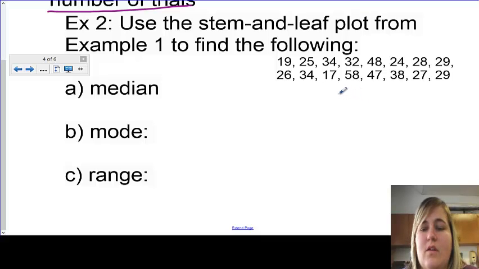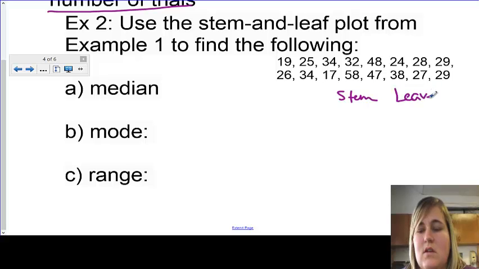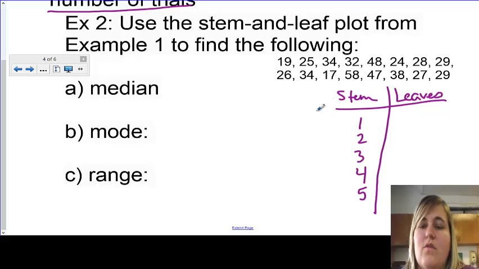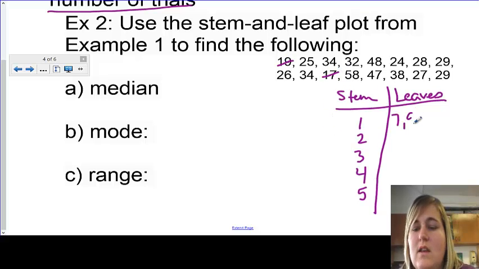I have stems and leaves, and I have 1, 2, 3, 4, and 5. For the 10s, I have a 17 and a 19, so I have 7, 9. For 20s, I have 24, 25, 26, 27, 28, 29, 29.